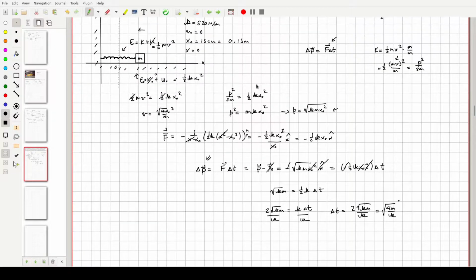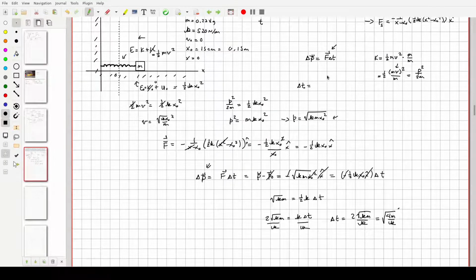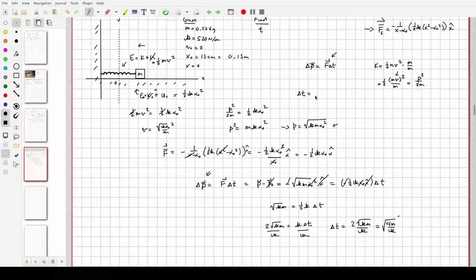How long is that? Let's just go ahead and do it here. Since we got our information right here, it is the square root of 4 times m, which is 0.22 kilograms, divided by k, and k is 520 newtons per meter.